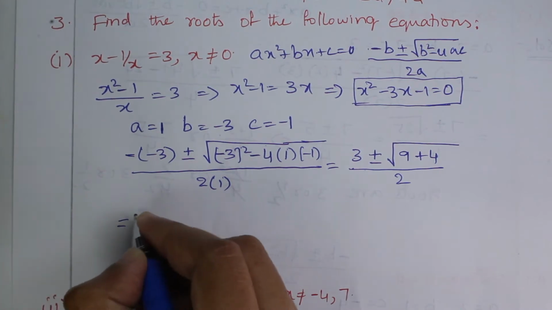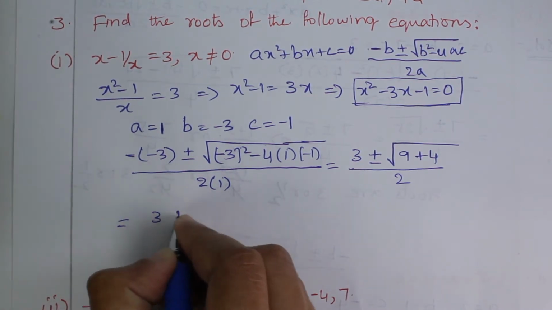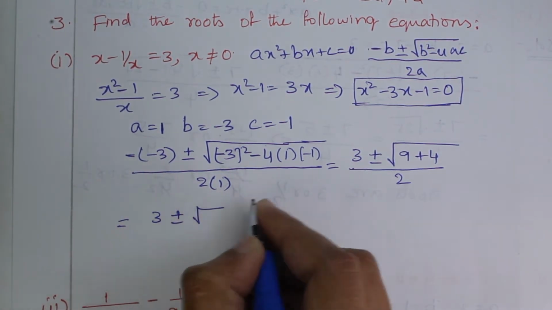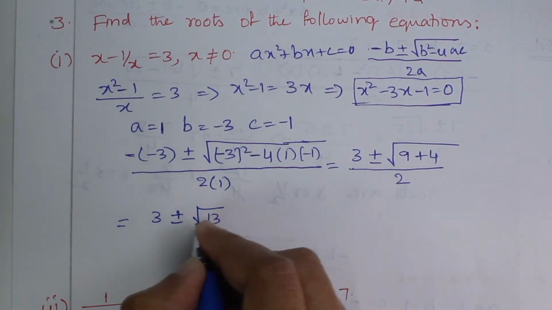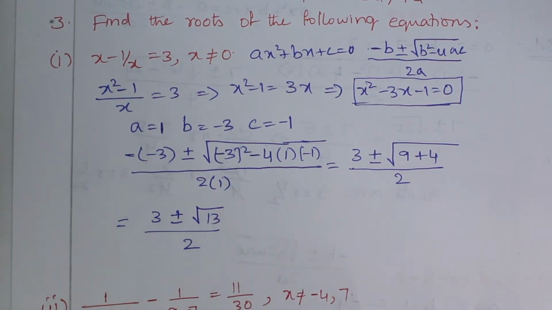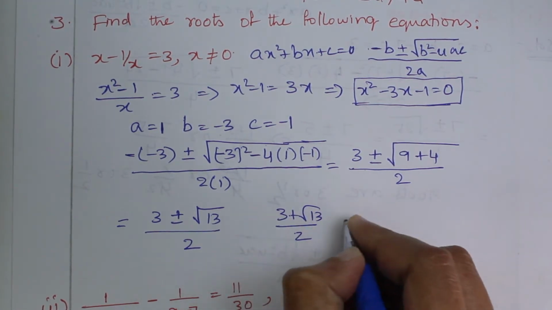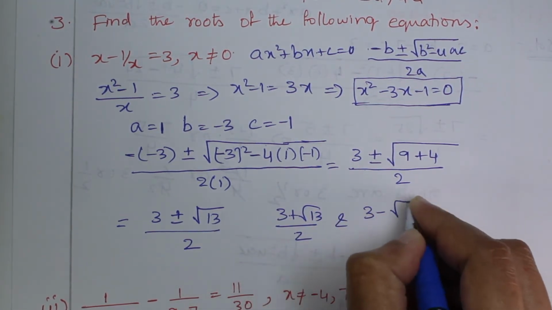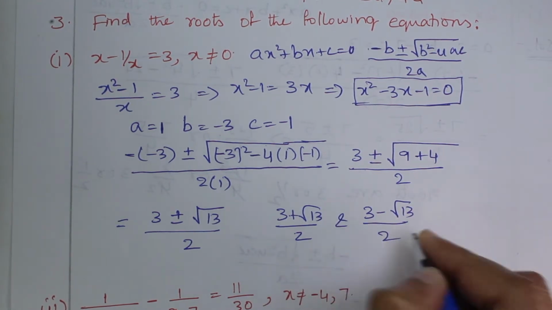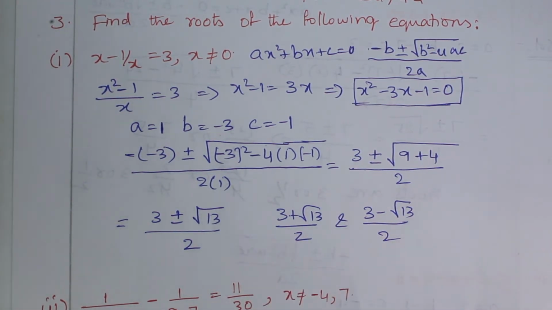So that is equal to 3 plus or minus square root of 9 plus 4 is 13, divided by 2. So the two roots are 3 plus root 13 by 2 and 3 minus root 13 by 2. So these are the two roots for this equation.